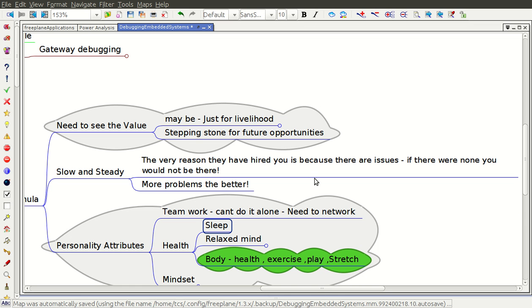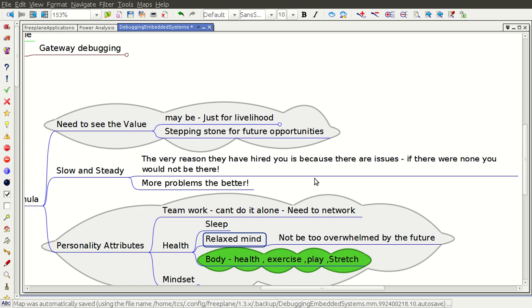Only then the body would be efficient. There can be 100 different reasons for anxiety, fear, but they will not help you in any way. So it's very important to introspect and have a very good sound sleep. Only then people would be productive. A relaxed mind is absolutely a must.